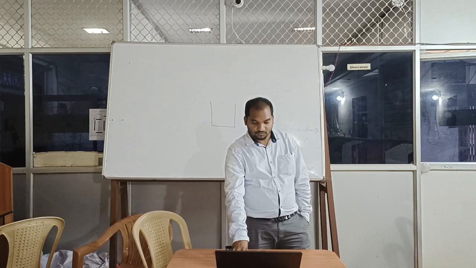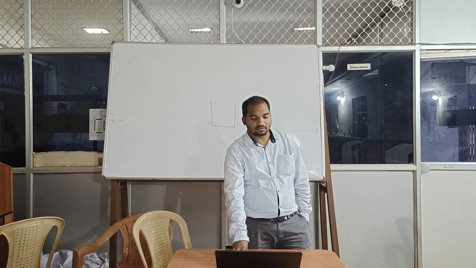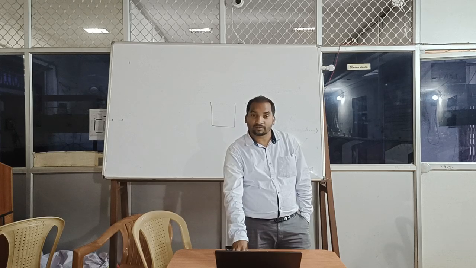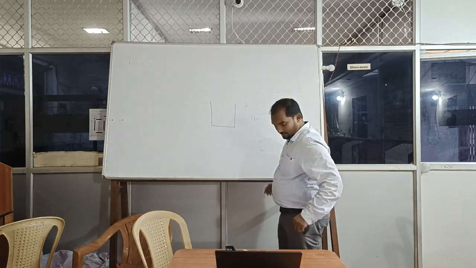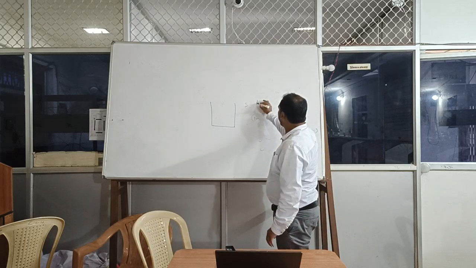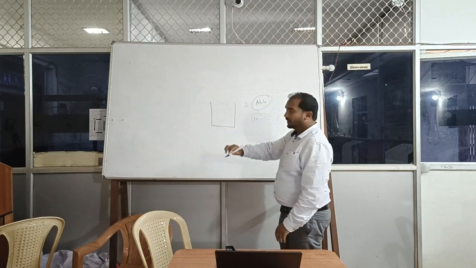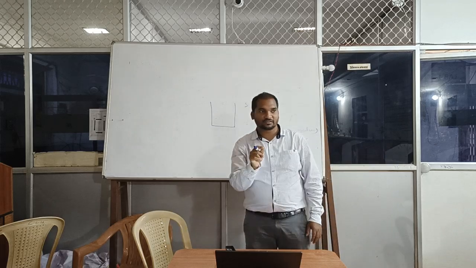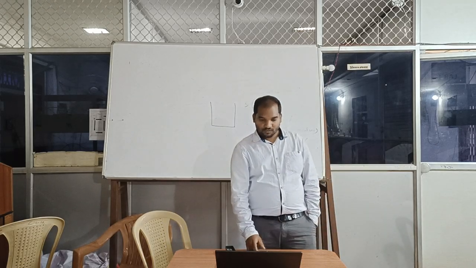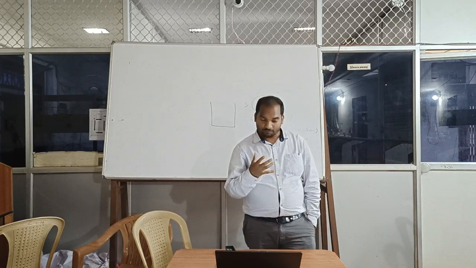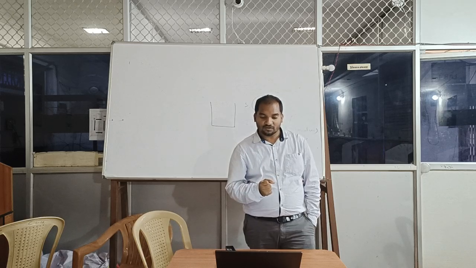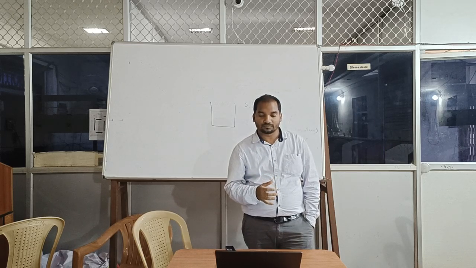So what is the ALU? Arithmetic and logic unit. In the arithmetic and logical unit, we can perform arithmetic operations. It is also called the brain of the processor.